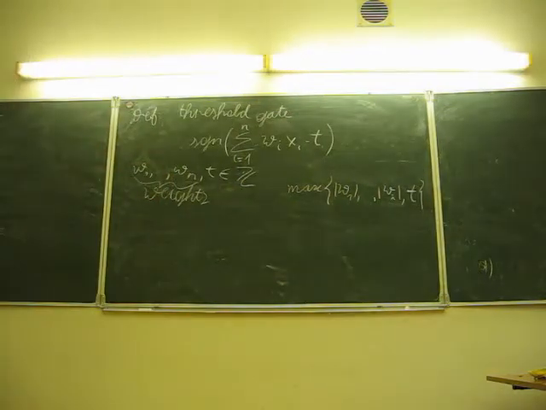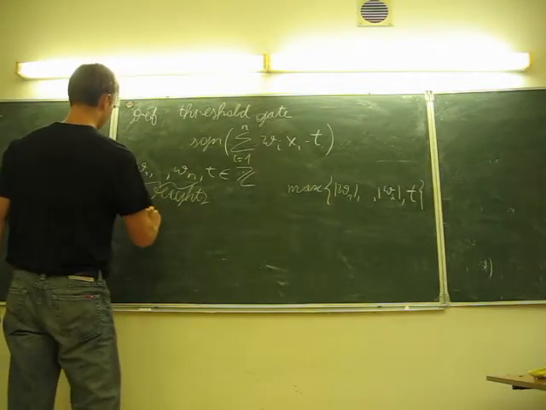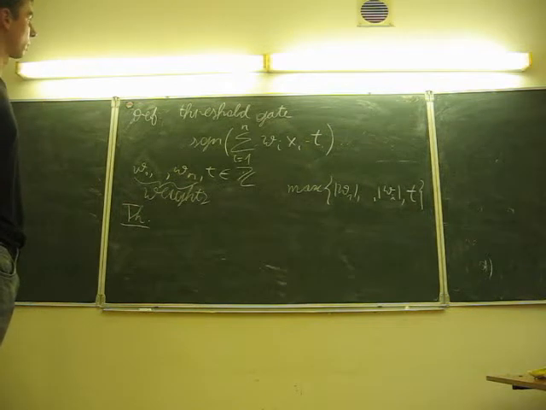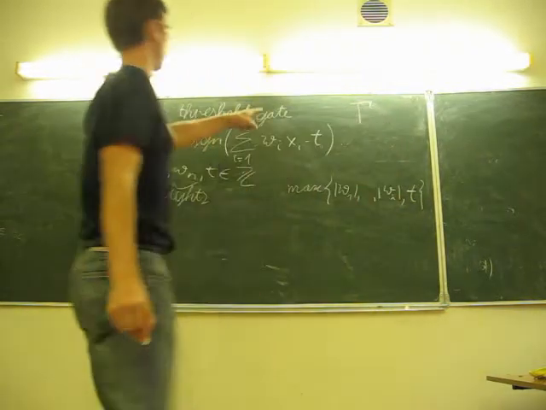It is interesting to understand what constraints can be put on this value. It appears that we don't need too high a weight. It's the theorem. Let us denote by T the set of all threshold gates.